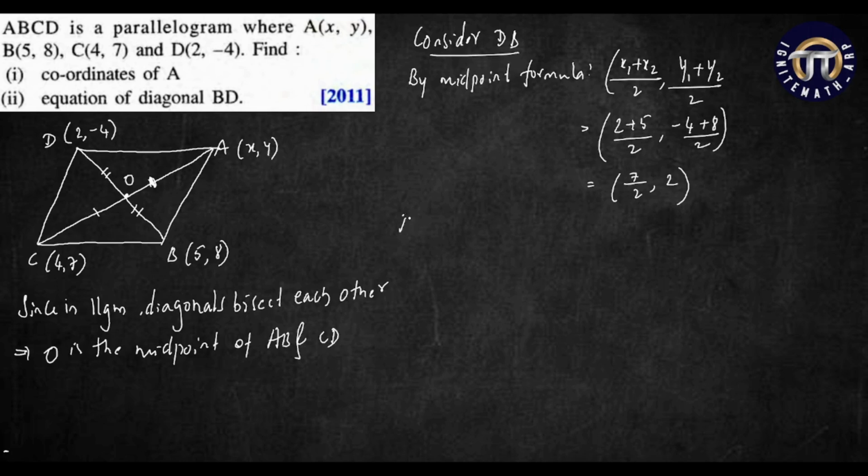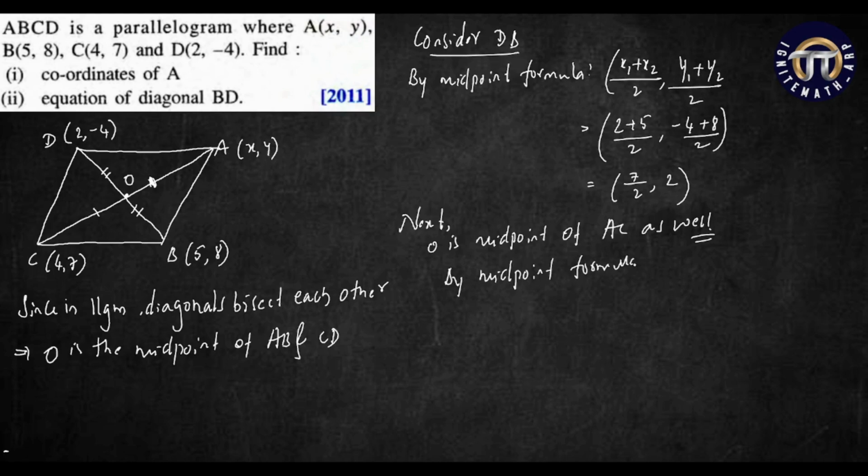So next, what can I say? O is the midpoint of AC as well. Again, by the midpoint formula, the coordinates of O, that is (7/2, 2), are equal to (x1 plus x2)/2.